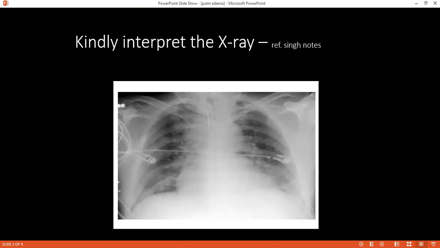Then the dilation of the upper lobe veins, upper lobe vessels. Can you see Kerley B lines anywhere? Kerley B lines are down by the lower lobe, so I can't really appreciate one here.